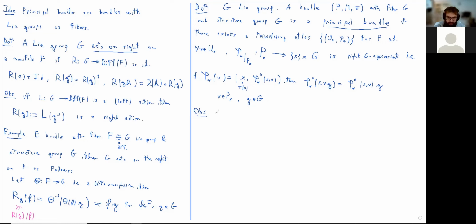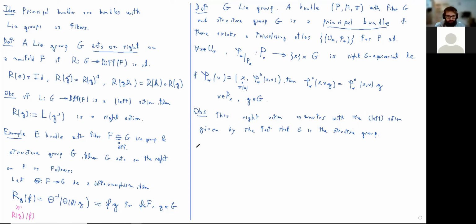Yeah, this right action commutes with the left action given by the fact that G is the structure group. Okay, so I hope this observation is clear.